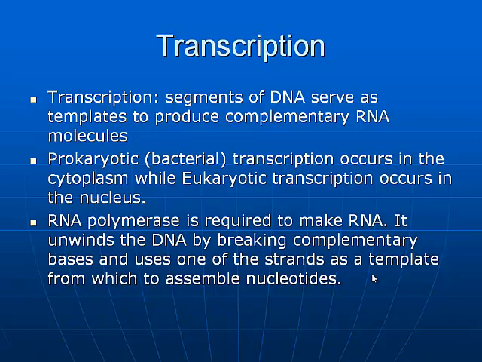The process by which this occurs is catalyzed by RNA polymerase, which is required to make RNA. RNA polymerase basically unwinds the DNA. It breaks the complementary strands, the base pairings, between the DNA strands, the two complementary ones that are wound in the double helix. It unwinds those and inserts itself into that DNA and uses one of the strands as a template for which it assembles nucleotides of the RNA.